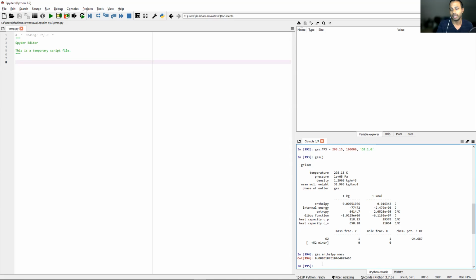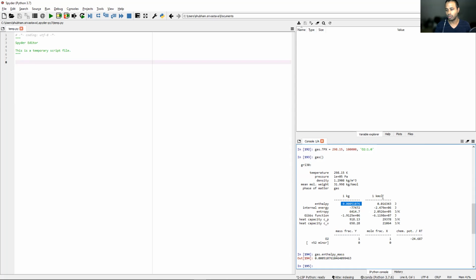This is the enthalpy of 100% oxygen. If you have 100% oxygen in a mixture, which is to say it is pure oxygen, then it will have this amount of enthalpy in joules per kg. This, by the way, is also shown here, enthalpy per kg.